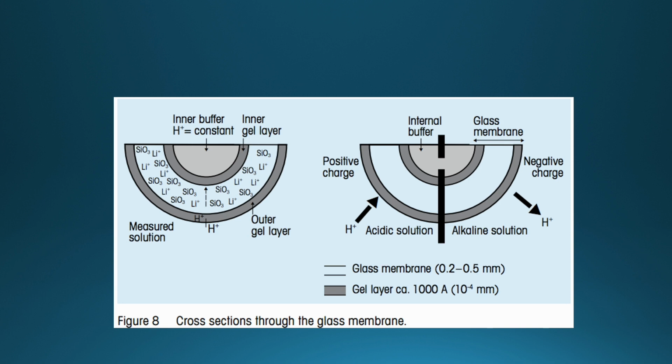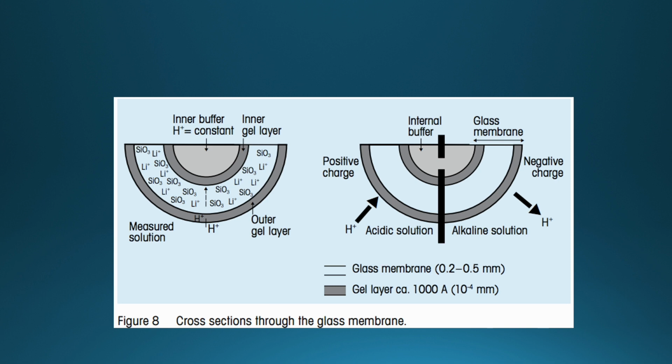What makes the glass membrane electrode more selective or sensitive to hydrogen is the composition of the glass itself. The glass made in pH meters is basically made of silicon oxide, sodium oxide, and calcium oxide. What is most important here is the sodium, okay? If you place this glass electrode or pH meter in an acidic solution, the acidic solution has a lot of protons, a lot of hydrogen, so there will be an exchange of hydrogen with sodium.